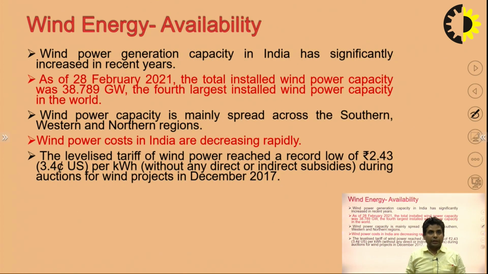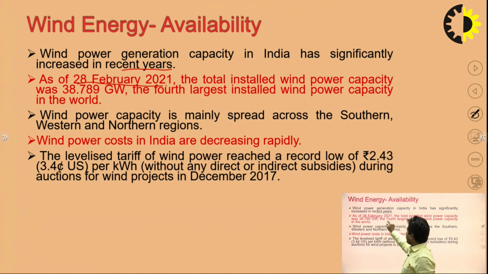Regarding wind power availability, we can discuss the current capacity of India or abroad, and the different sites and locations available. Wind power generation capacity in India has significantly increased in recent years.